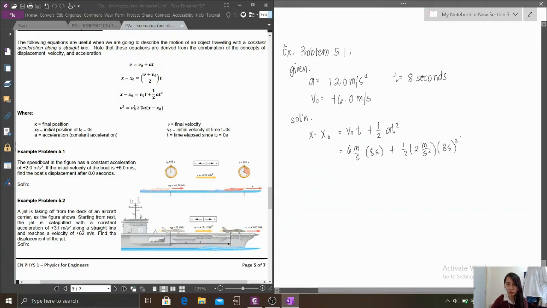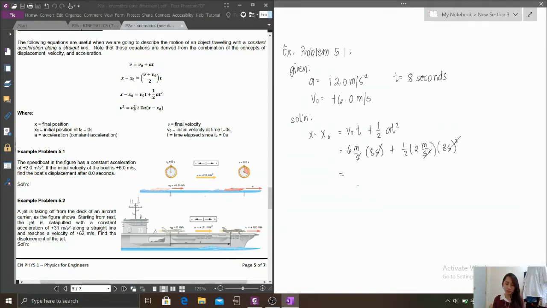So, cancel natin yung second squared and then yung second. So we have 6 times 8 plus 1/2 times 2 times 8 squared. So we have 112 meters.